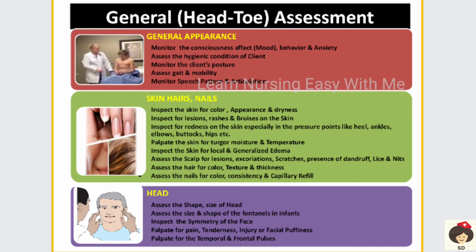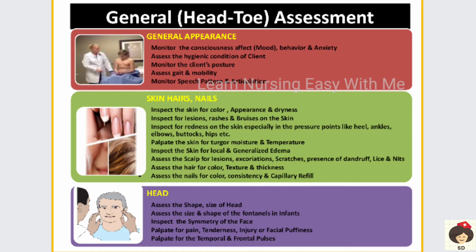And next in the head, you will see the size and shape of the head, okay. Sometimes in hydrocephalus the head may be bigger in size, so that you have to see, and the shape of the head, okay. Sometimes patients with congenital deformities have a different shape of the head. And size and shape of fontanelles in the infants, okay.